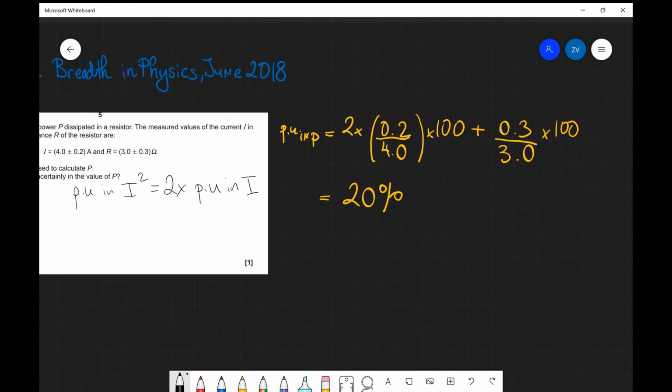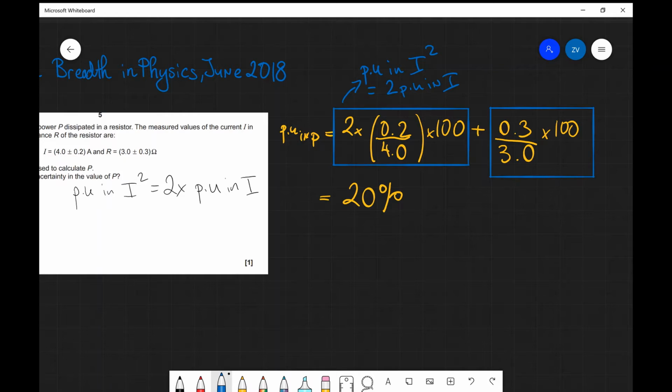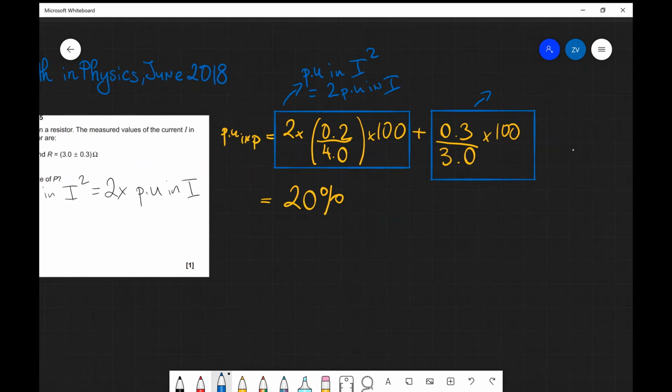Just for the sake of completeness though, I'd like to be extra clear and say that this quantity over here is our percentage uncertainty in I squared, twice the percentage uncertainty in I. And this quantity over here is your percentage uncertainty in R.